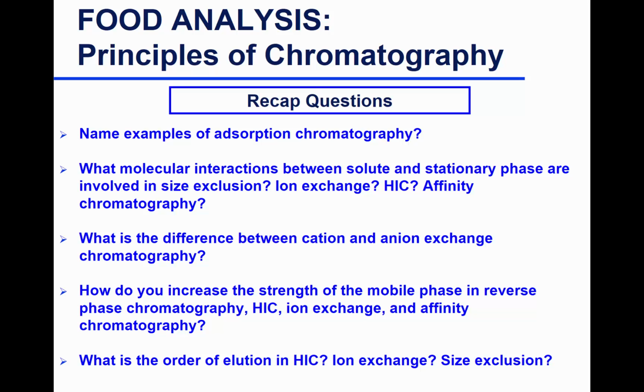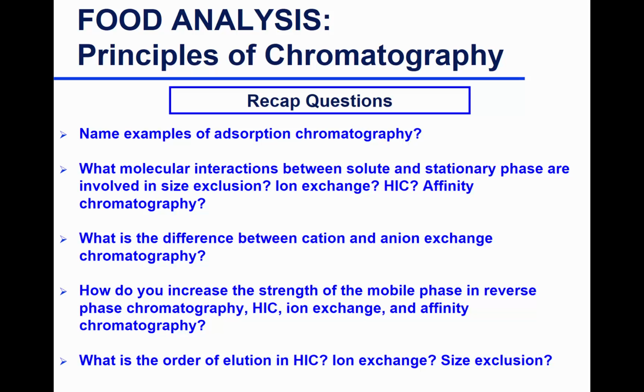Yes. What about ion exchange, regardless of whether it's cation or anion, what would elute first, what would elute last? Yes, Amanda? It's the least to the most. Least what? Ionic. Least charged? Yeah, least charged, most charged last. Yes, okay. So the least ionic valence will come out first.